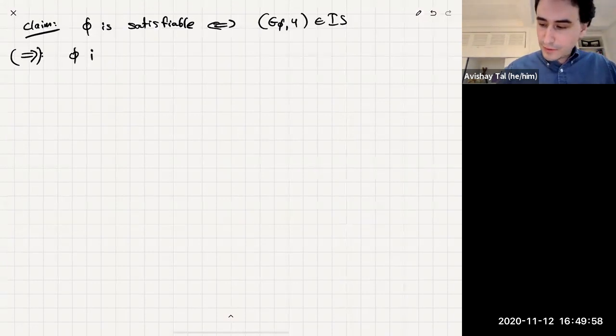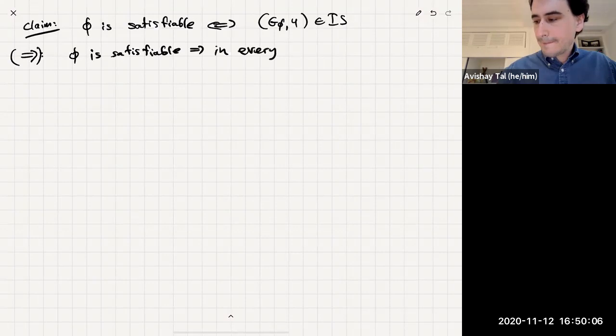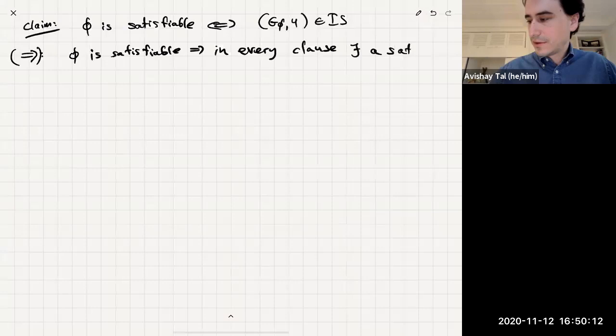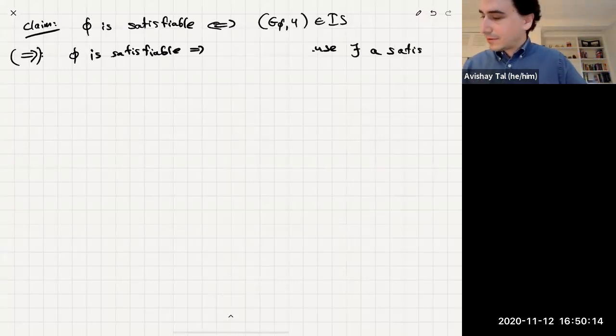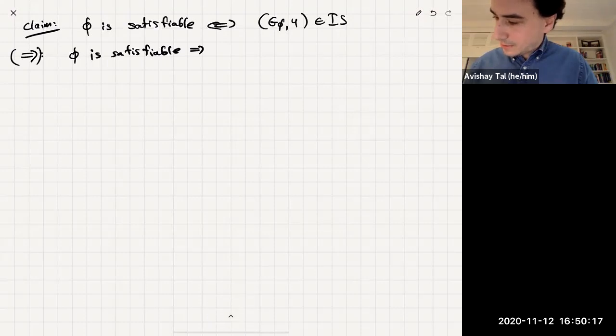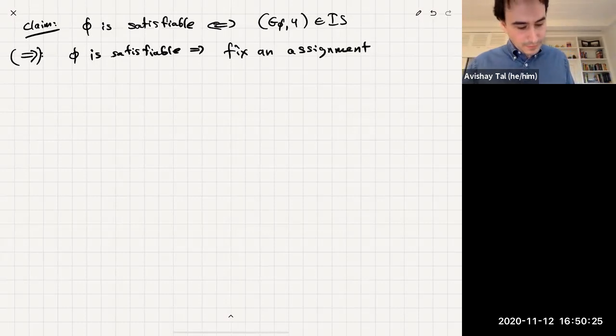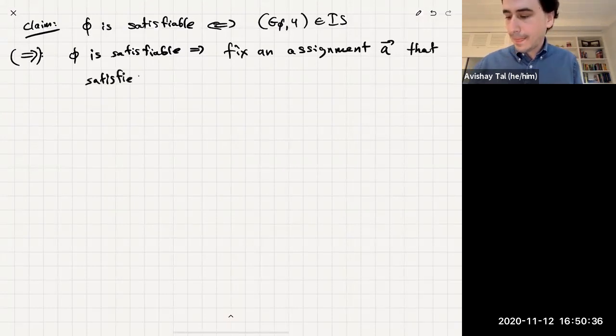Phi is satisfiable, so fix an assignment A that satisfies phi.